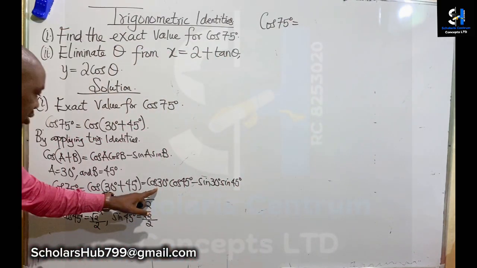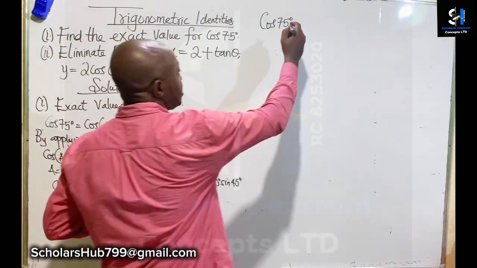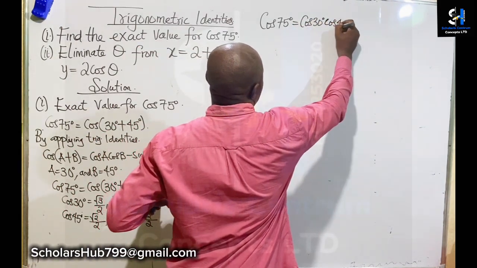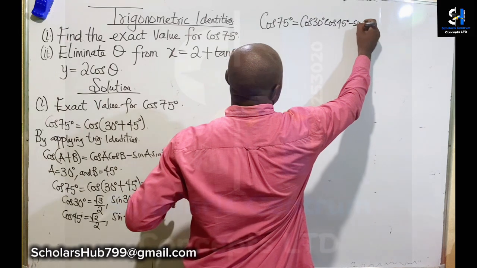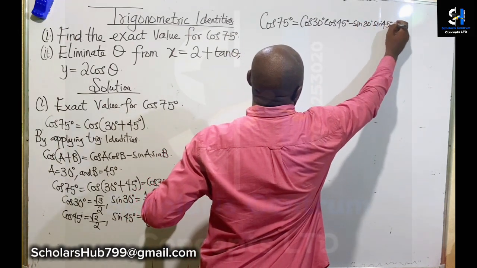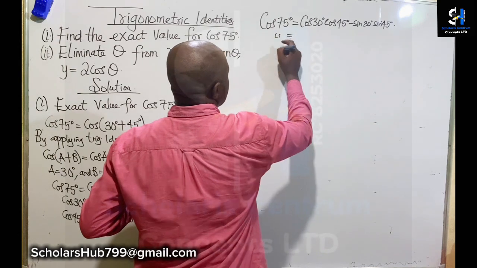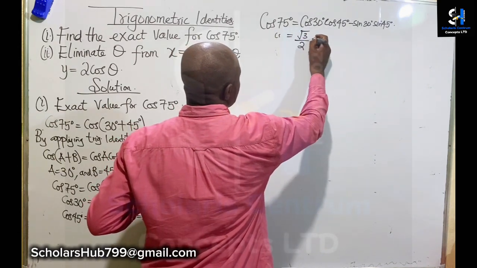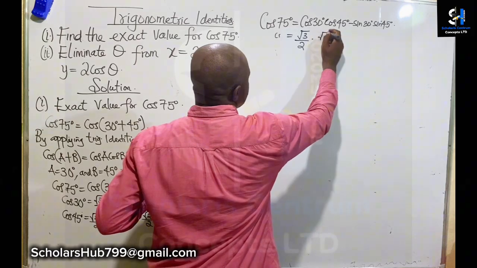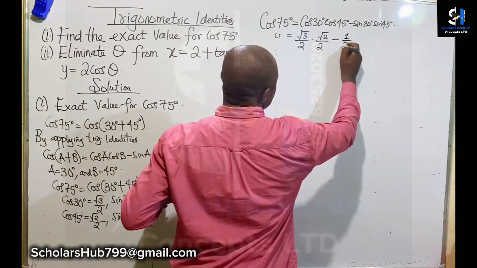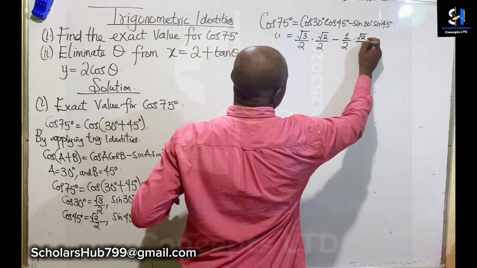Let me write this here: cos 30 degrees, cos 45 degrees, sin 30 degrees, then sin 45 degrees. Cos 30 degrees is root 3 over 2, cos 45 degrees is root 2 over 2, minus sin 30 degrees, which is 1/2, multiplied by root 2 over 2.